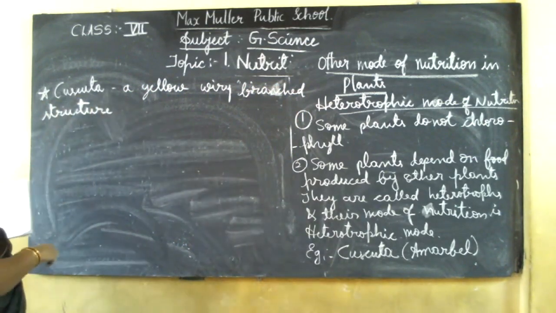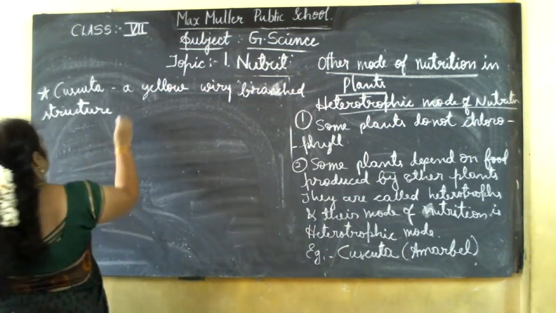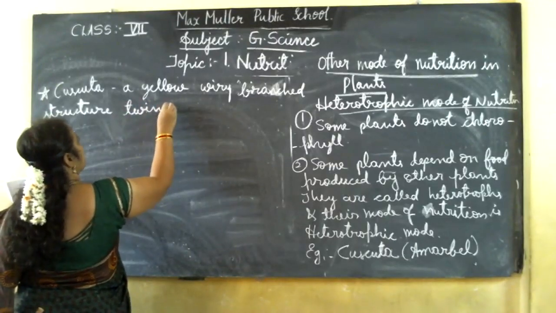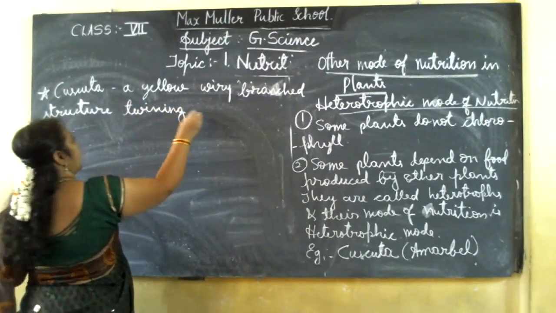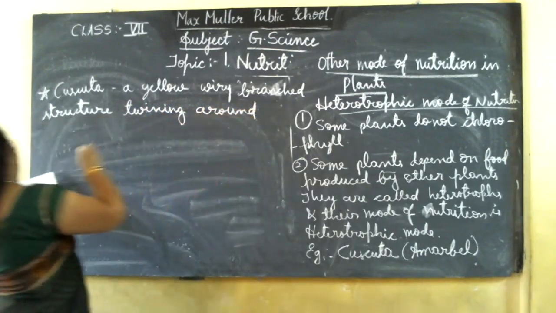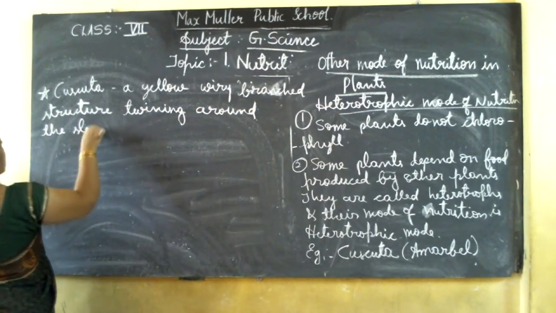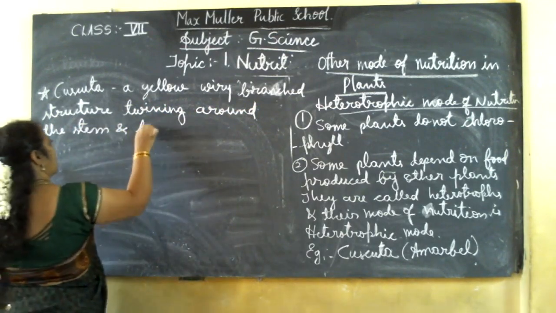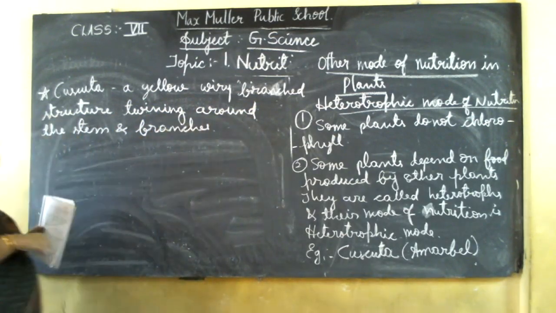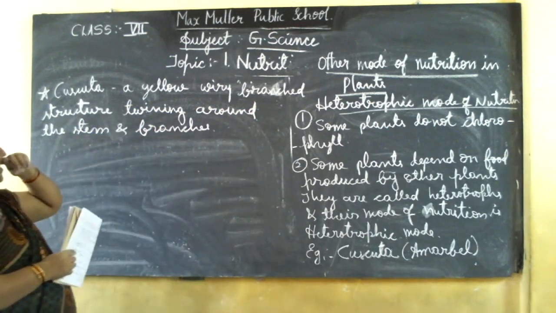So it is yellow colored, wiry and a branched structure twining around the stem and branches. If they ask what Cuscuta or Amarbel is, it is a yellow wiry branched structure.